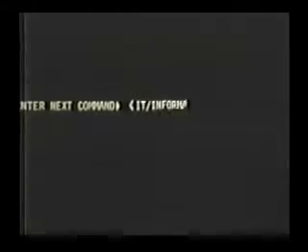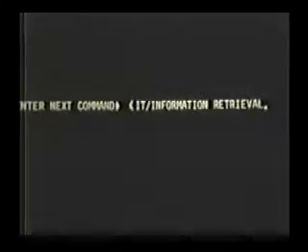Here we are looking for computer information retrieval projects sponsored by the Department of Health, Education, and Welfare. We are asking the computer to search the index terms, or keywords, for information retrieval. Let's carry the search further and call out the categories computer, and Department of Health, Education, and Welfare.